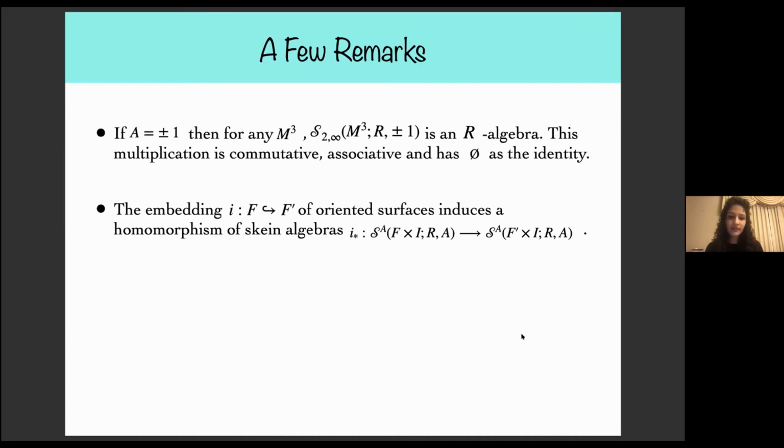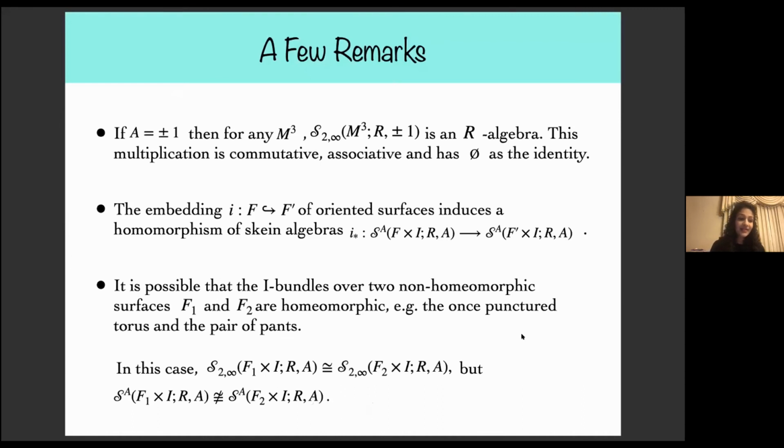And in fact, this is a really interesting property, which says that it is possible for I-bundles over non-homeomorphic surfaces F1 and F2 to be homeomorphic. For example, the once punctured torus and the pair of pants. So these two surfaces are non-homeomorphic, but the I-bundles are homeomorphic to each other.